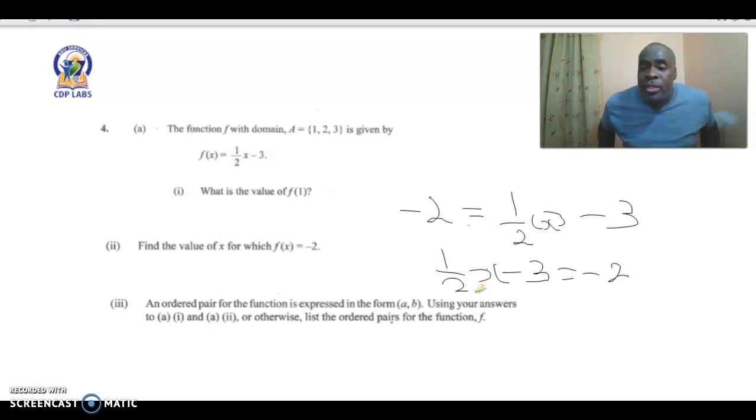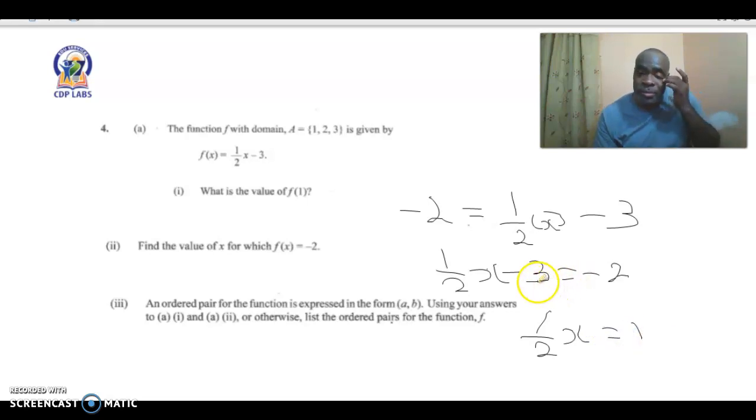It simply means it would be a smaller number than 3. So 3 from 1 will give us negative 2. So we're saying that half x is equal to positive 1. Or you could take the negative 3 over to this side, and negative 2 plus 3 will still give us positive 1.